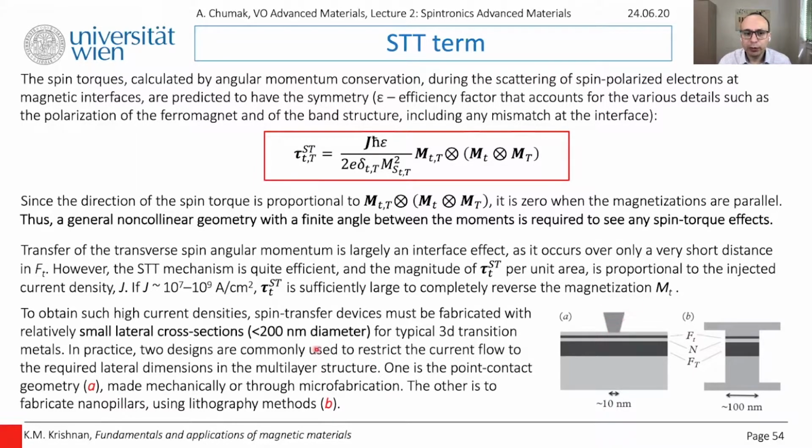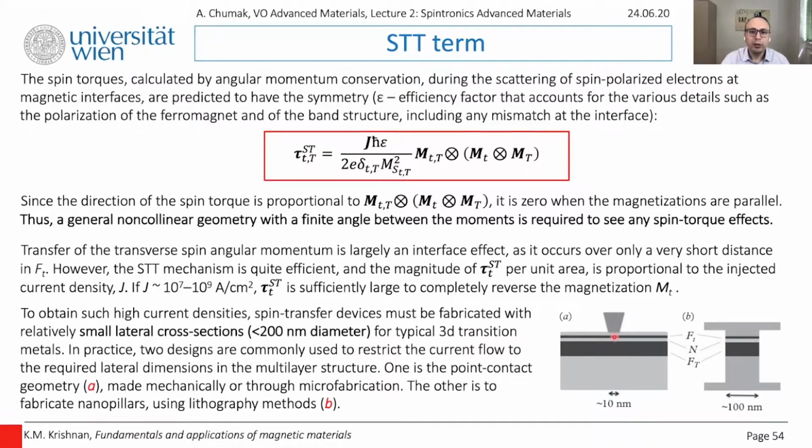It should be very small diameter, let's say smaller than 200 nanometers. The reason is that you want to achieve this high current density. You don't want to send 1000 amperes through a structure, but if your diameter is of the order of 100 nanometers, then the real current which you send through the structure is of the order of 1 milliamp. This is something you can easily work with. And then when you send current with such high density here, you can switch polarization of the layer.